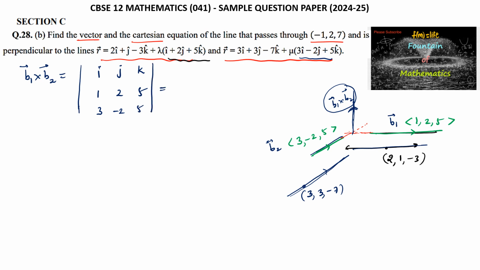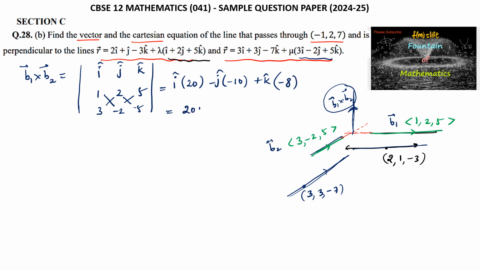Upon simplifying, we get i times of 5 twos are 10, minus of −10, that is 20, minus j times of 1 into 5, 5 minus 15, 5 minus 15 is −10, next plus k times of 1 into −2, −2 minus 6, negative 2 negative 6 is negative 8.